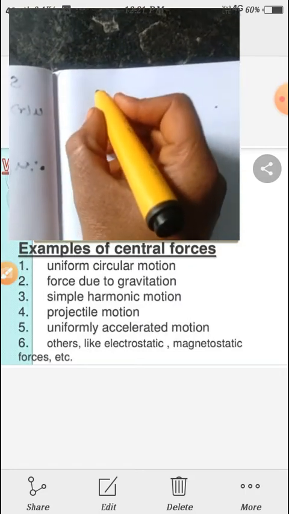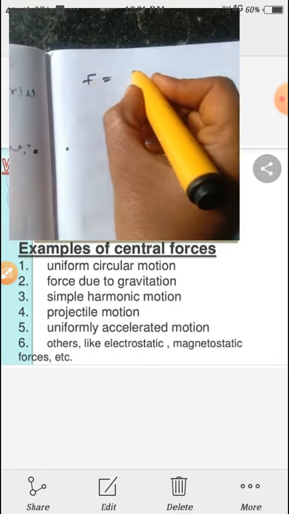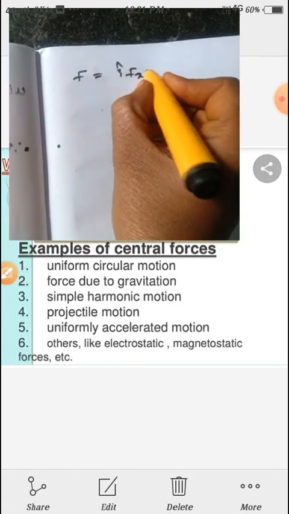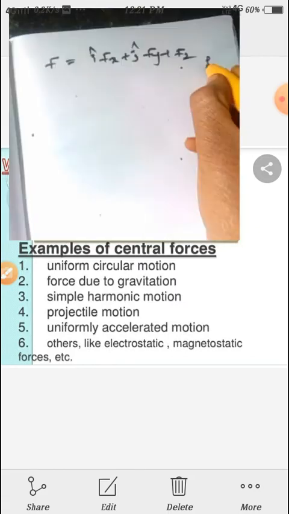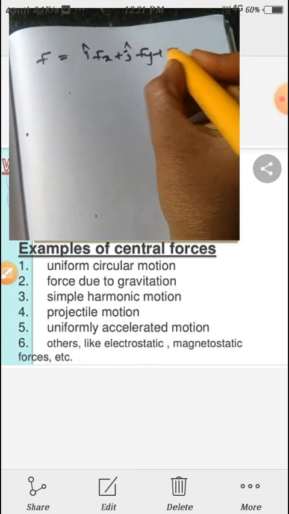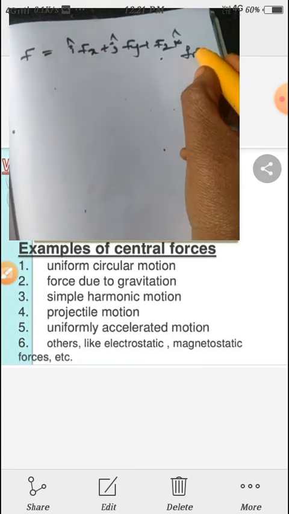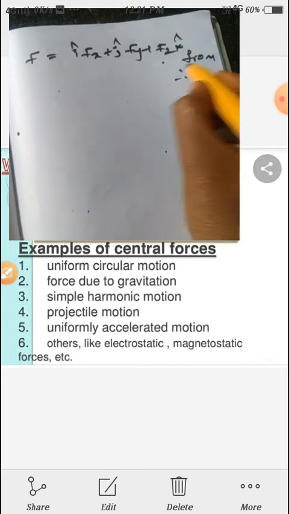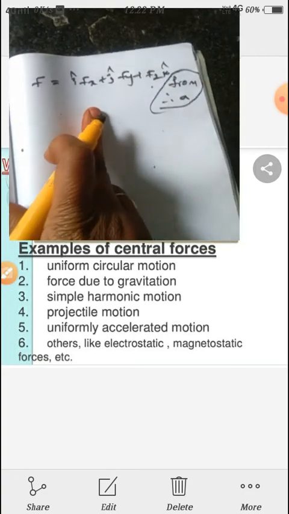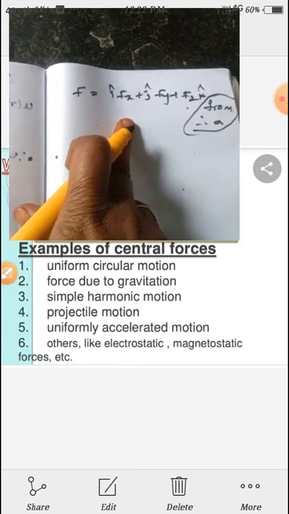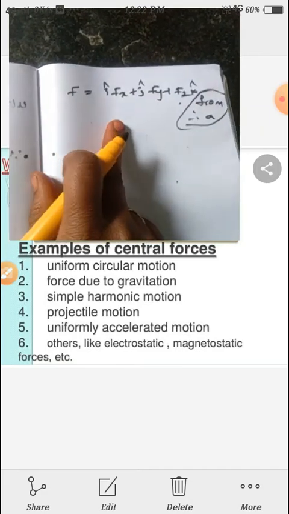So we write that equation again here: Fx, Fy, Fz from A. In this equation we substitute those values.